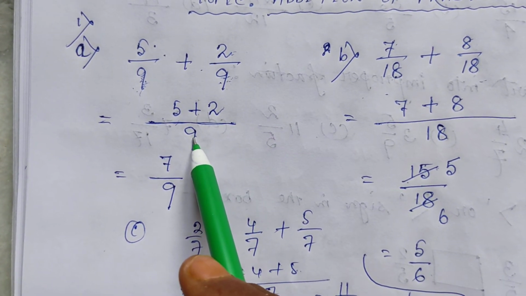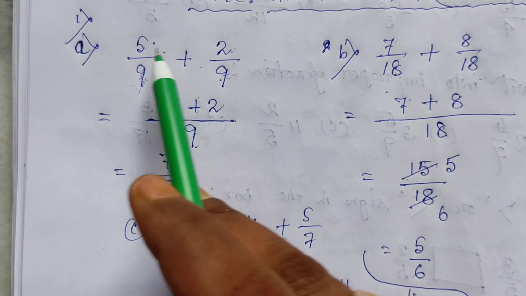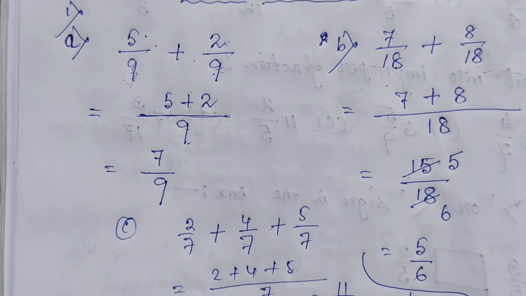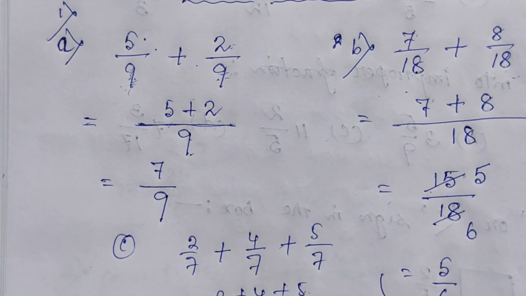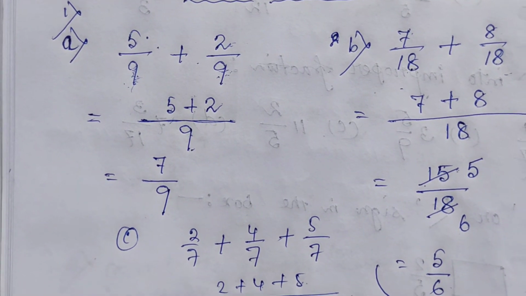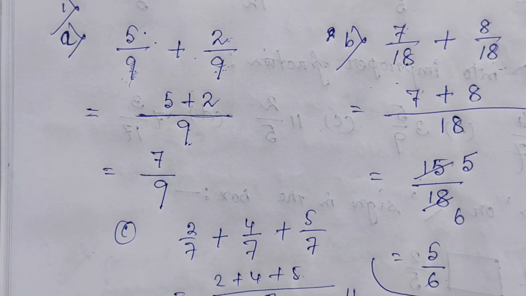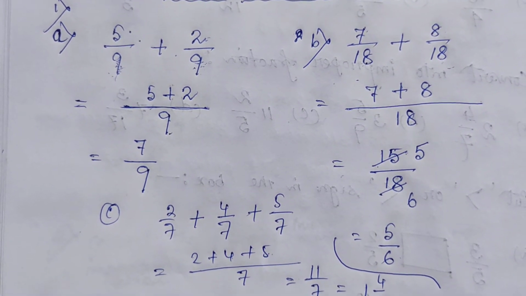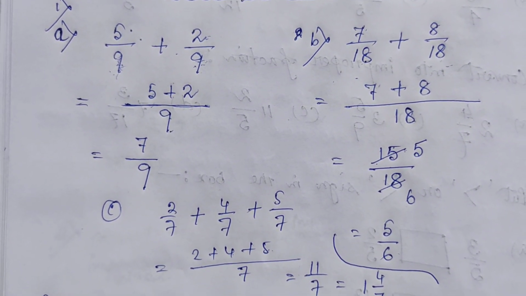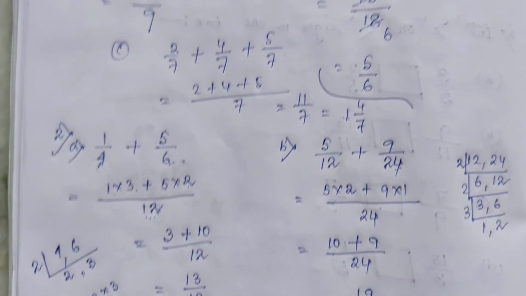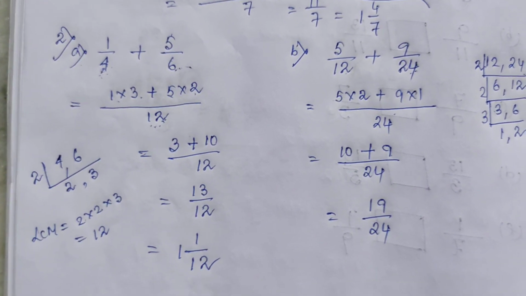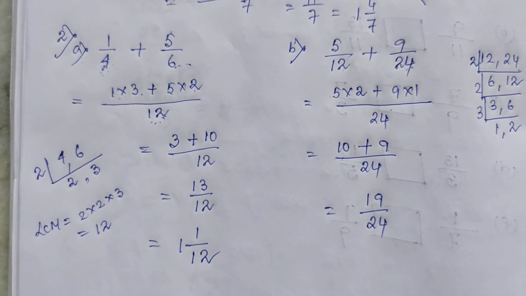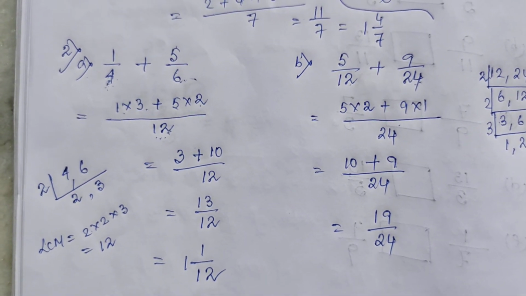So in the first case it is 9, and just add the numerators. 5 plus 2, that is 7 by 9. So in this way you can add like fractions and you can add unlike fractions.